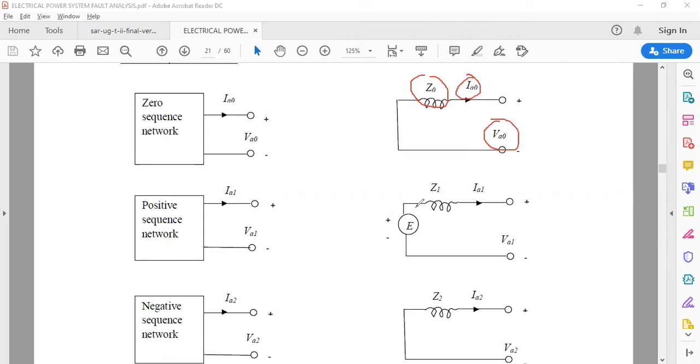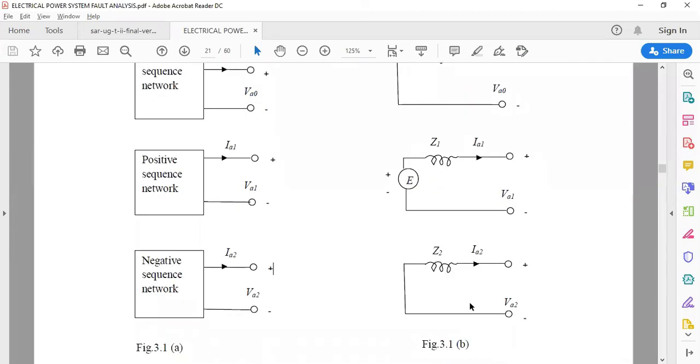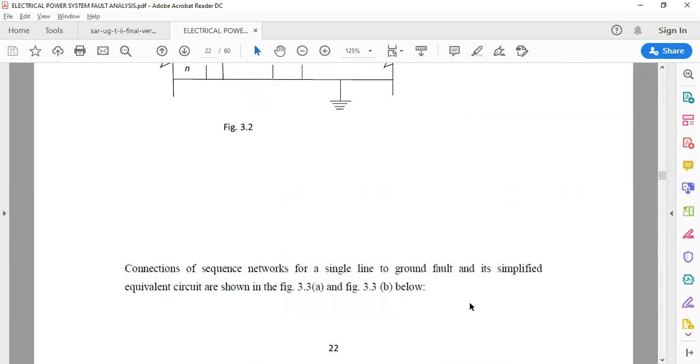For the positive sequence, we will have a voltage source, positive sequence impedance, positive sequence current, and positive sequence voltage. In case of negative sequence, we will have negative sequence impedance, negative sequence current, as well as negative sequence voltage. We are going to use these to develop a sequence network when we have different types of fault in the power system.